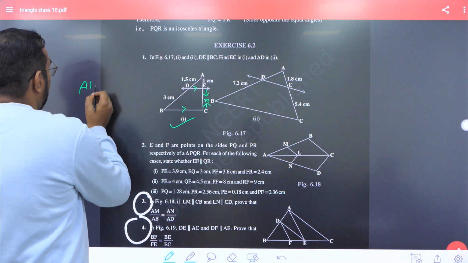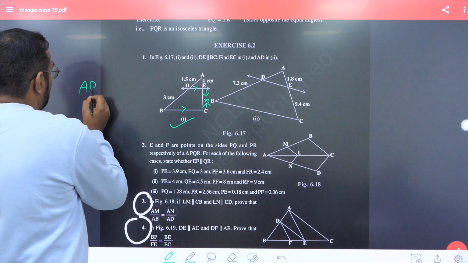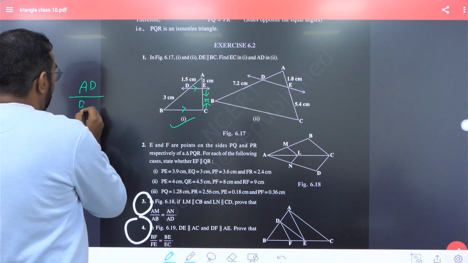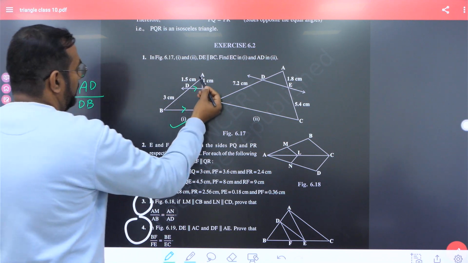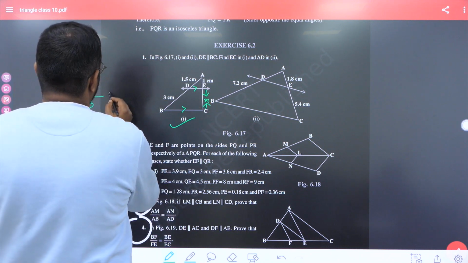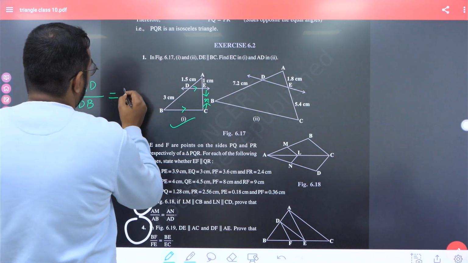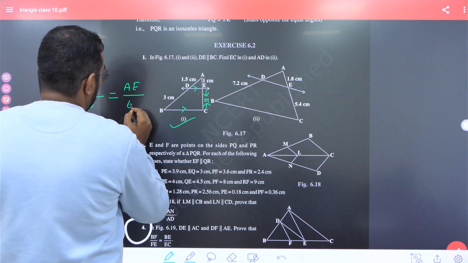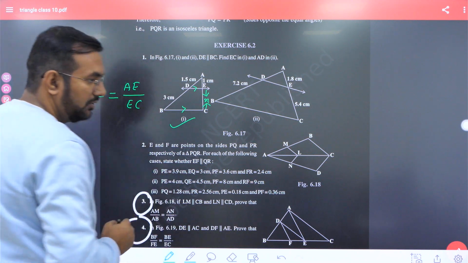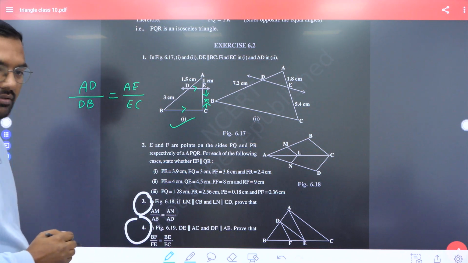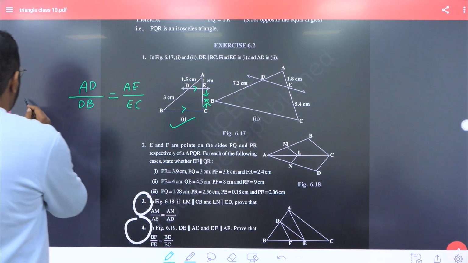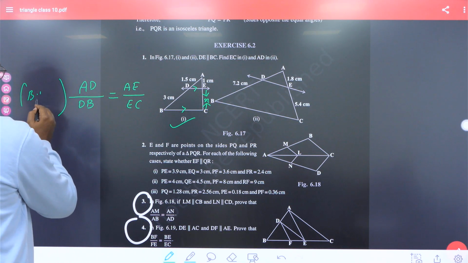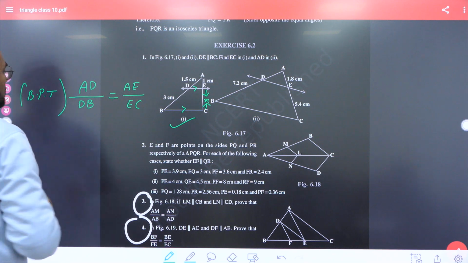Here AD upon DB equals AE upon EC. How? Yes. By BPT. Right?